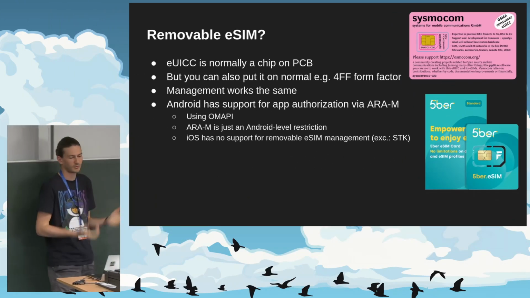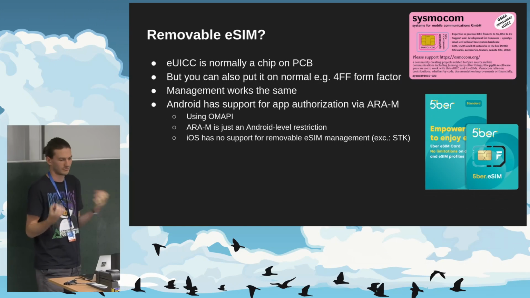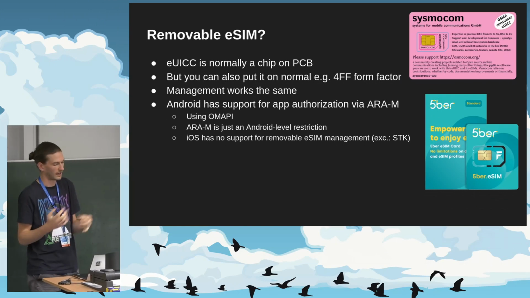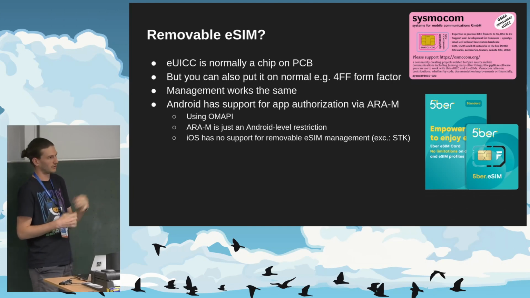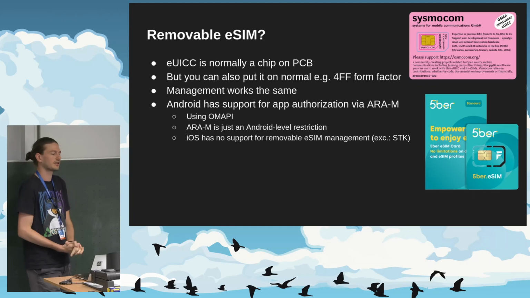So yeah, talk with the SIM card and run these APDUs, so the communication between the phone and the SIM card. And using this, they can do the same operations, so download the SIM card, enable it, disable it, etc. On iOS, there's no support for removable eSIM management, as far as I know.